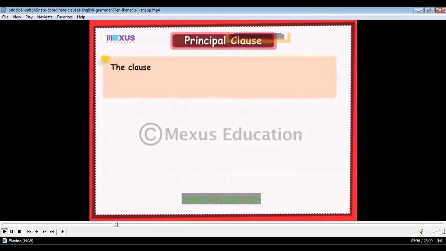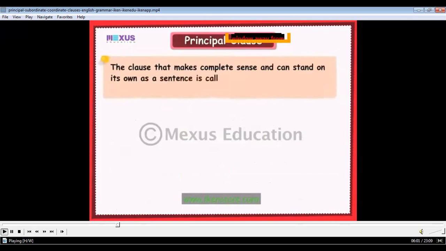The clause that makes complete sense and can stand on its own as a sentence is called the principal, independent, or main clause. So there are two clauses in a sentence. Usually, it's not a hard and fast rule, but usually we have two parts of the sentence that we sometimes join with a subordinate conjunction to make complete sense.